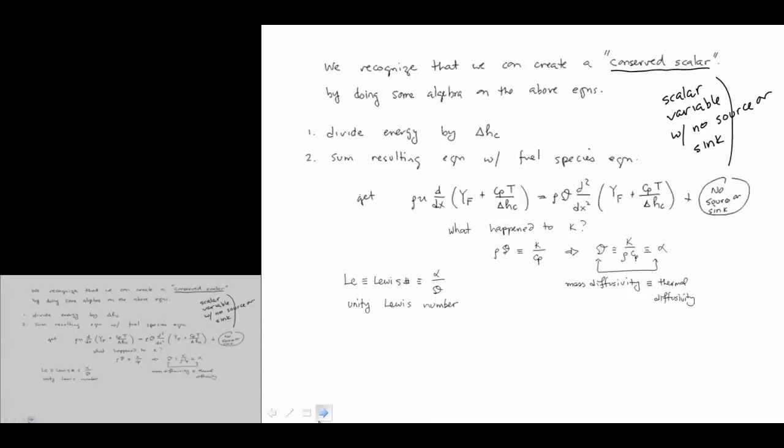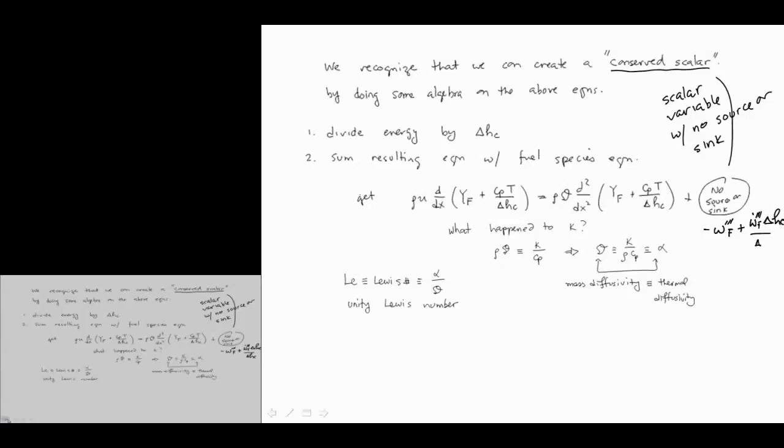And here I just divided the energy equation by delta HC, and the terms that would have occurred previously, we had a minus W dot triple prime F, but we're multiplying it by W dot triple prime F delta HC divided by delta HC. So we lose that source sink term.